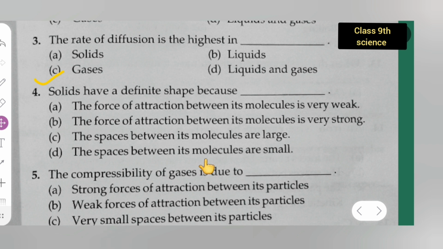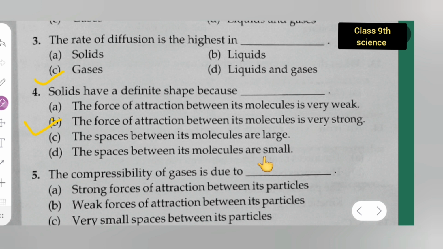Option D: the spaces between its molecules are small. The correct option for question number 4 is that the forces of attraction between its molecules are very strong. So option B is the correct answer.